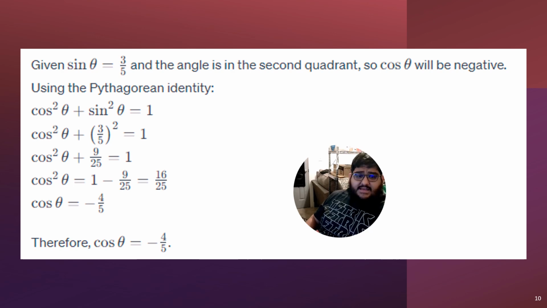As we break that down and plug in, once we go through the process, we see that cosine theta is equal to negative 4 over 5.